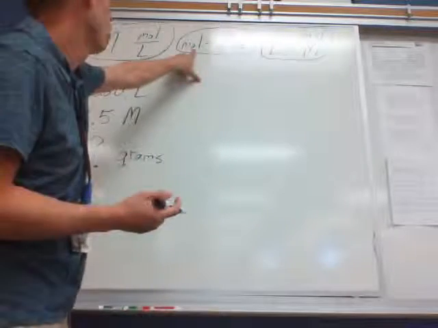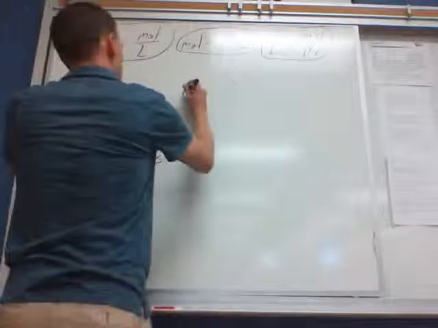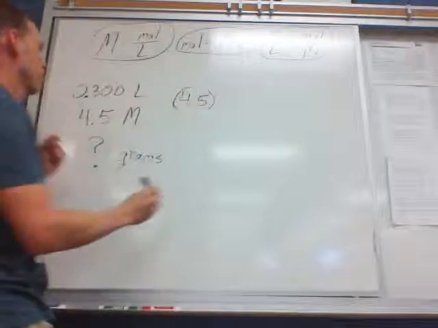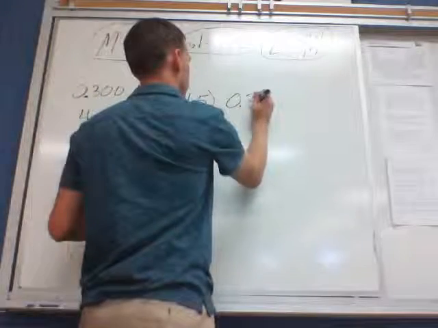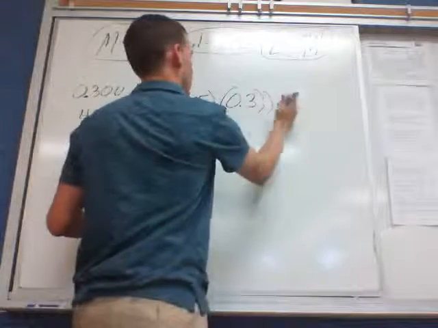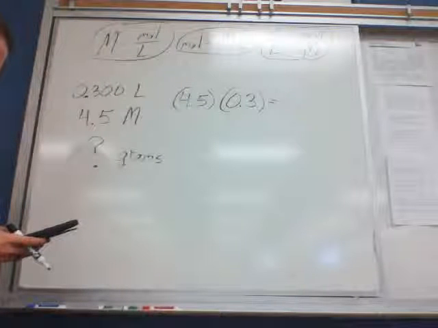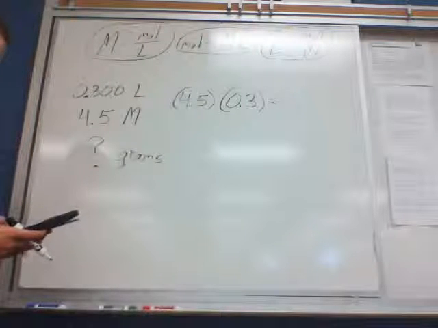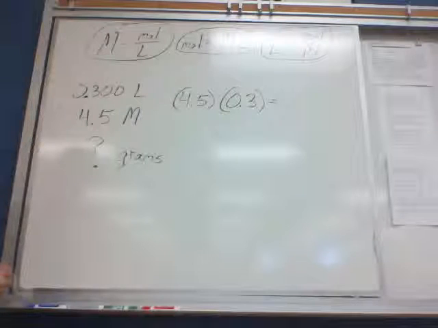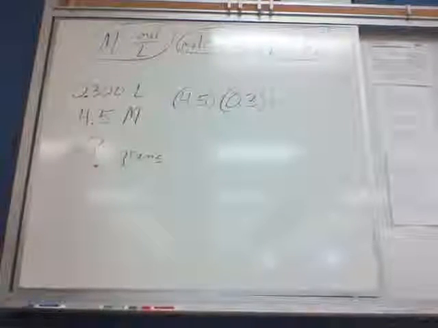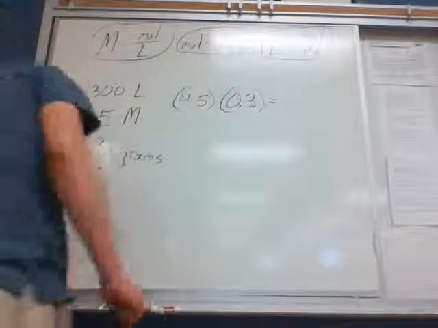So, to find moles, it's molarity, 4.5, times liters, 0.3. Calculate that answer. What'd you get? Okay, 1.35.